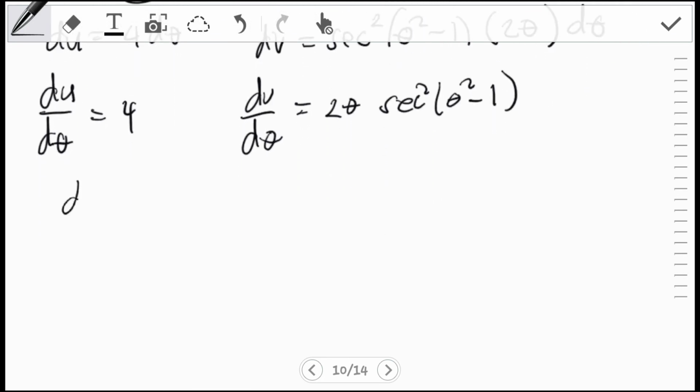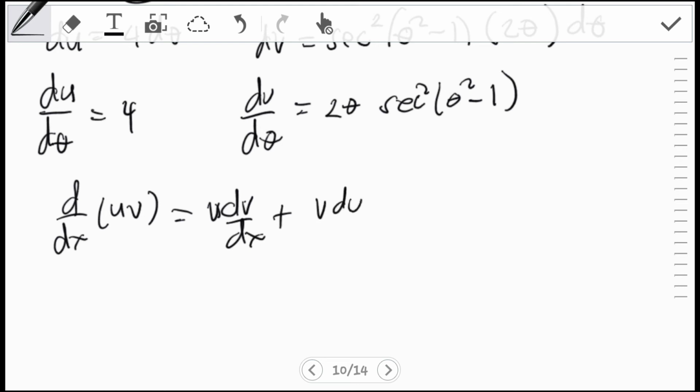Then, applying this formula, d over dx, uv is equals to u dv over dx plus v du over dx.